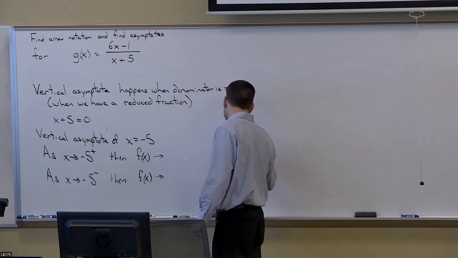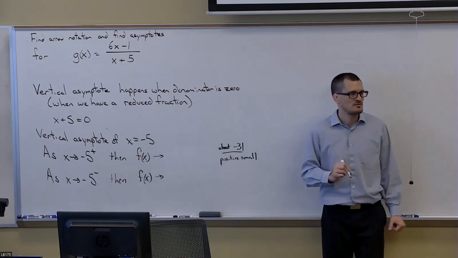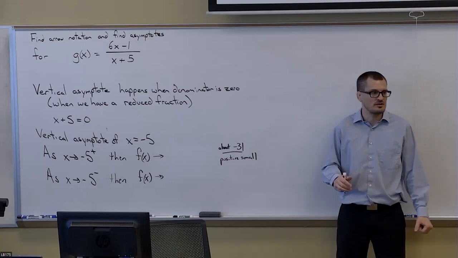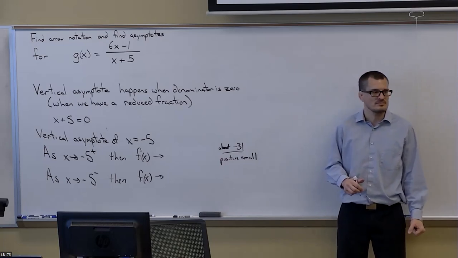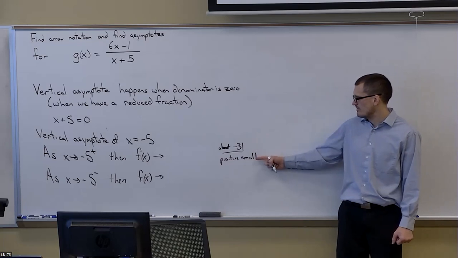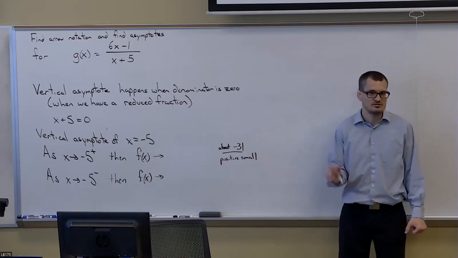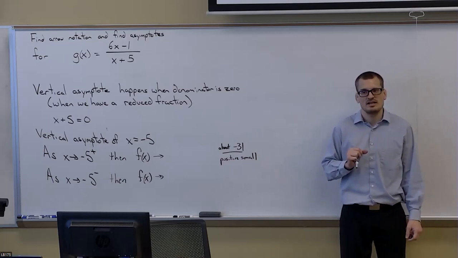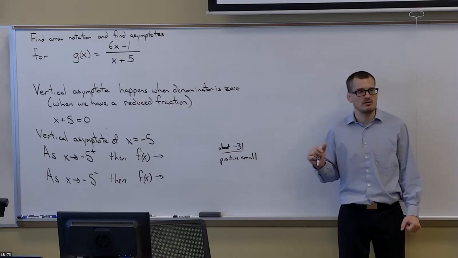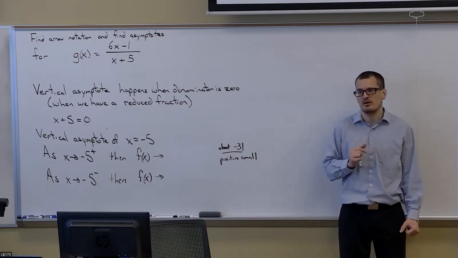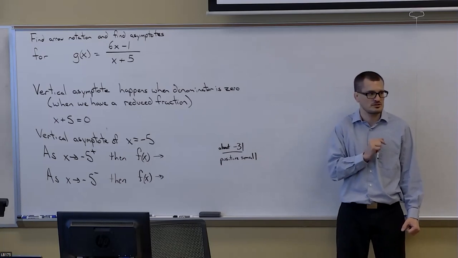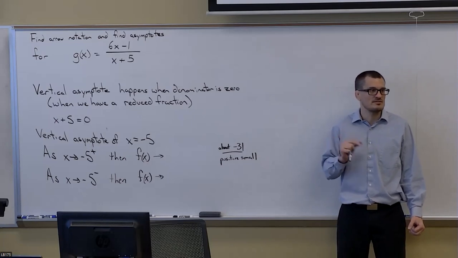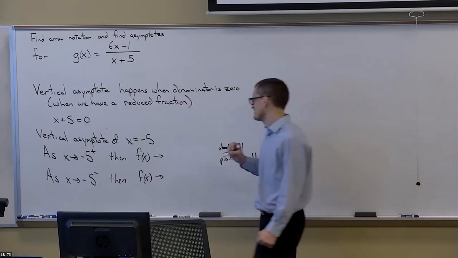Just like we had 7 from our previous example, it's going to behave just like -31 does. And if I have -31 divided by a positive number that's really, really small, like -31 divided by 0.1, -31 divided by 0.001, -31 divided by 0.00001, it's getting towards -infinity. Does that make sense?